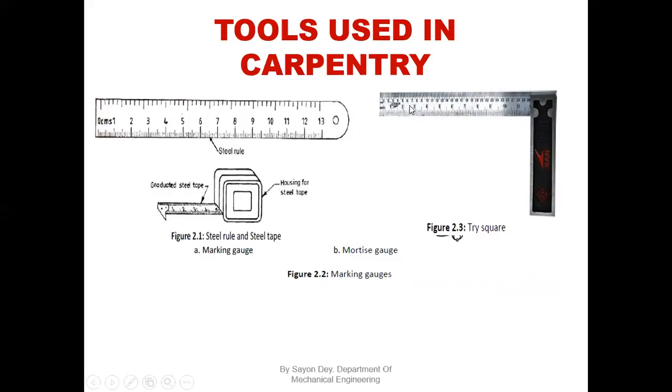It has a blade and a heavy base, and the tri square is specified with the length of the blade. Okay, this is the steel tape. Another pictures are not there, like marking gauge or multi gauge. So please refer to my other video about the pattern or carpentry shop, part 1 or part 2.